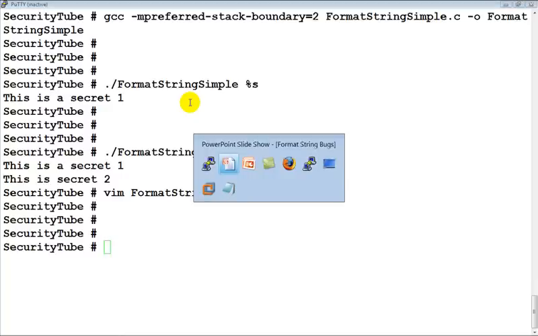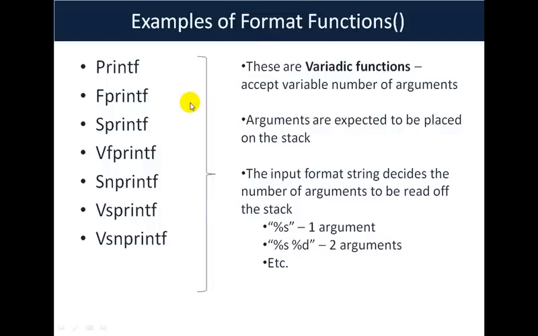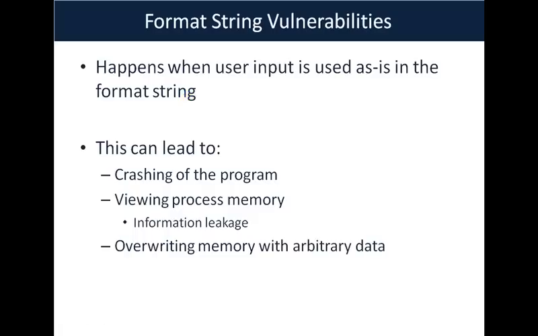Now let's go back to our slides. So what are format string vulnerabilities? They happen when user input is used as is in the format string, and this can lead to crashing of the program, viewing of the process memory, information leakage, which is exactly what we saw right now, and overwriting the memory with arbitrary data.